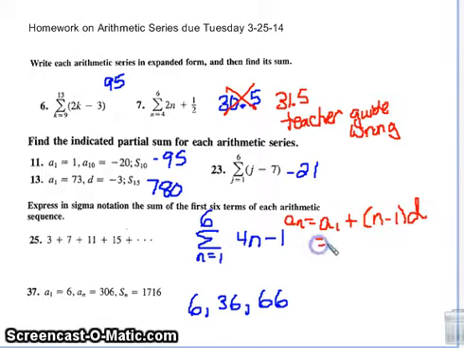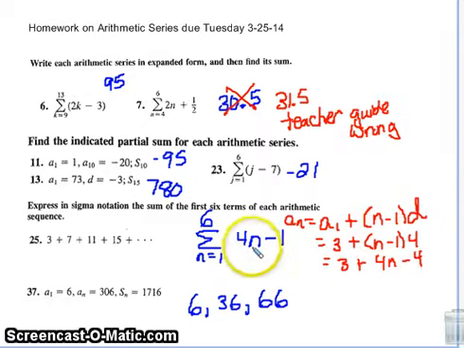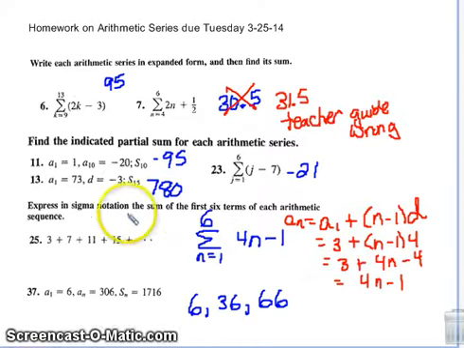And so this would be 3 plus n minus 1, and what's my d? What is it going up by? 4. So that gives me 3 plus 4n minus 4. And is that 4n minus 1? Why, yes it is. And it says it wants the sum of the first 6 terms, so that's why we go from 1 to 6.